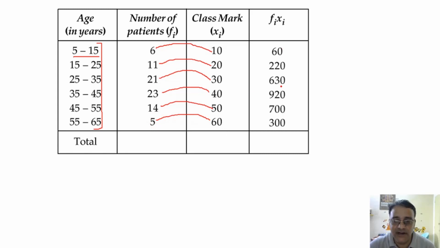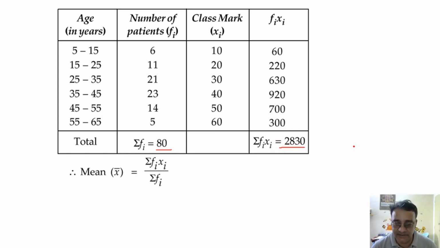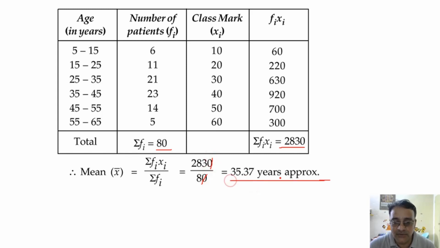So we have to add all these numbers. The total frequency is 80 and the sum of fx is 2830. So the mean is summation fx upon summation f. So 2830 upon 80, we can cancel one 0. If you divide, you will get 35.37 years approx.